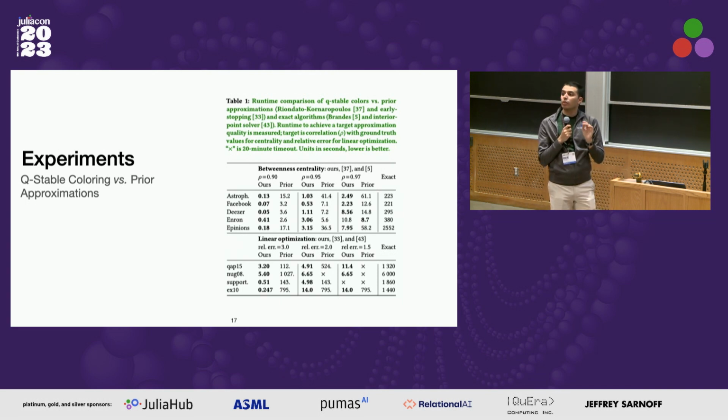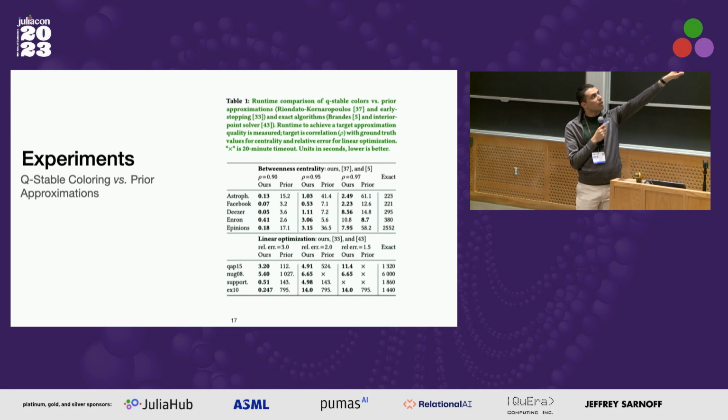If you want an answer that's 90% correlated with the ground truth, that's the runtime in seconds for our method and the approximation specific to betweenness centrality. The rightmost column is the exact runtime of Brandes' algorithm, the classic algorithm for this problem.